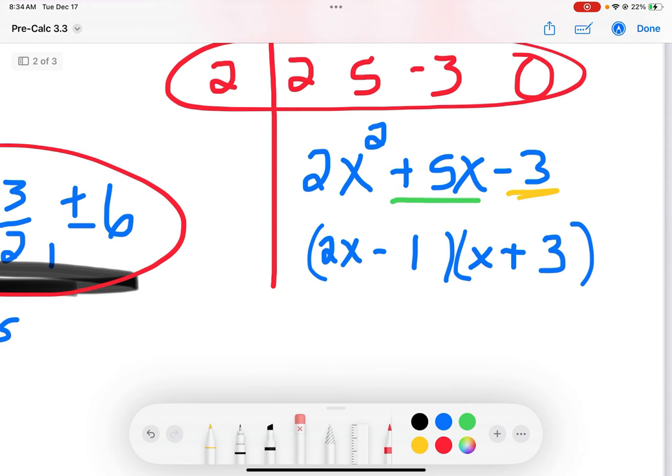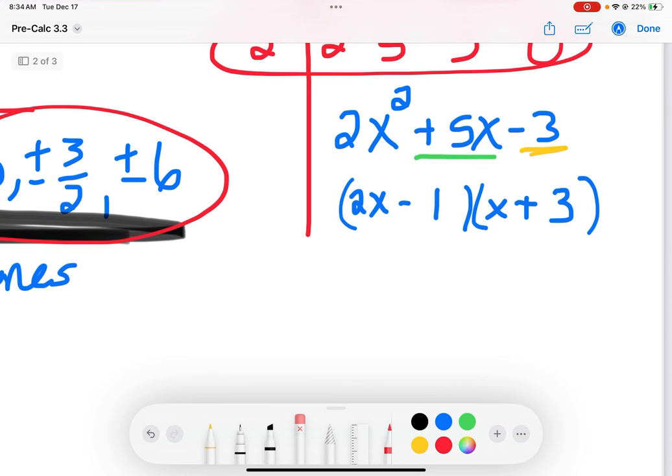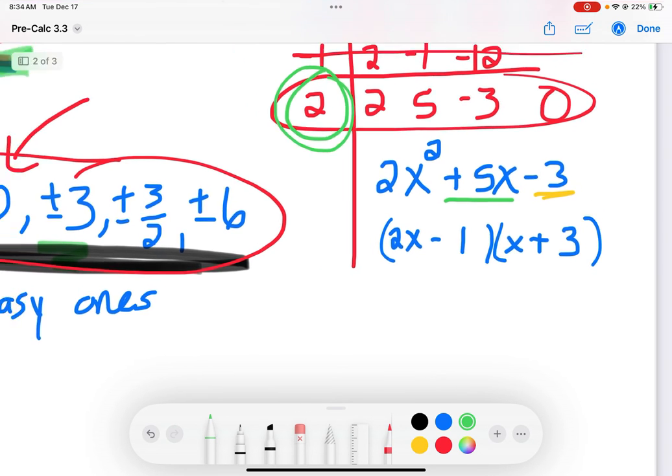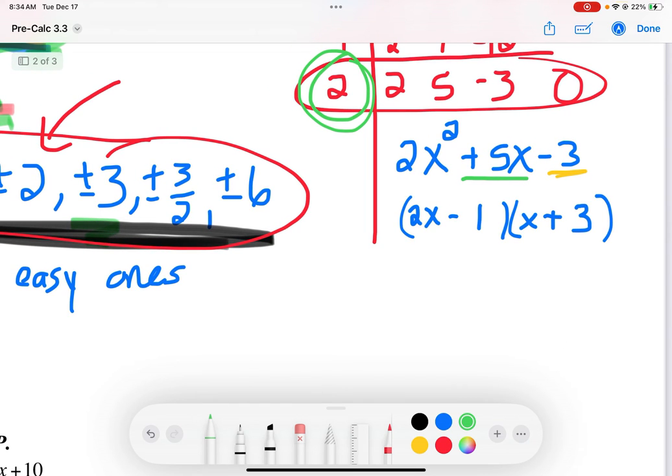So now in our answer, we do need to bring down the number we used here. So if 2 gave us a 0, how would you write that in factored form? Well, if we brought that down, positive 2 gives us 0. That means x minus 2 is the factored form, because 2 minus 2 gives us 0.